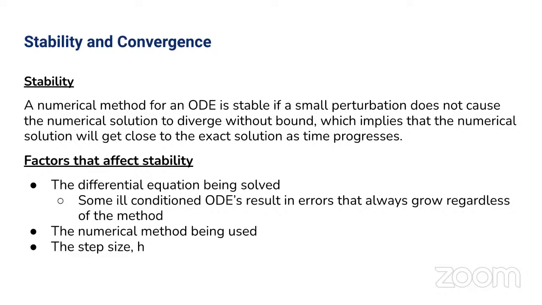When we find out that the differential equations are too difficult, or the solutions cannot be gotten from the basic ways of solving differential equations, then we approach them using a numerical method that tends to approximate the solutions so that we can get something close to what we already know the solution will look like. Okay, so stability: a numerical method for an ordinary differential equation is stable.